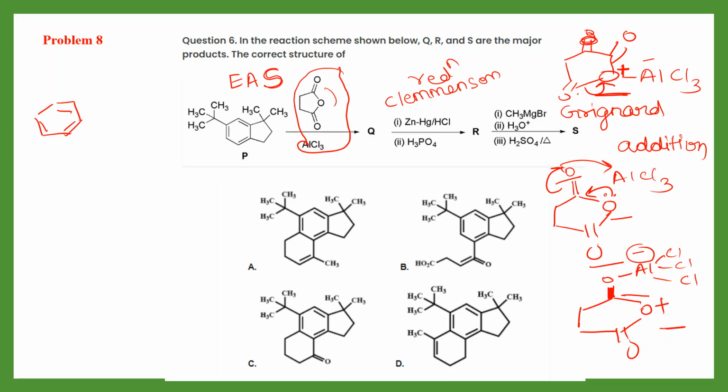This bond will cleave. Okay, let me draw here. So we have to see all the possibilities, right? CO positive, and here AlCl3 negative. So this is your electrophile. Have you understood?